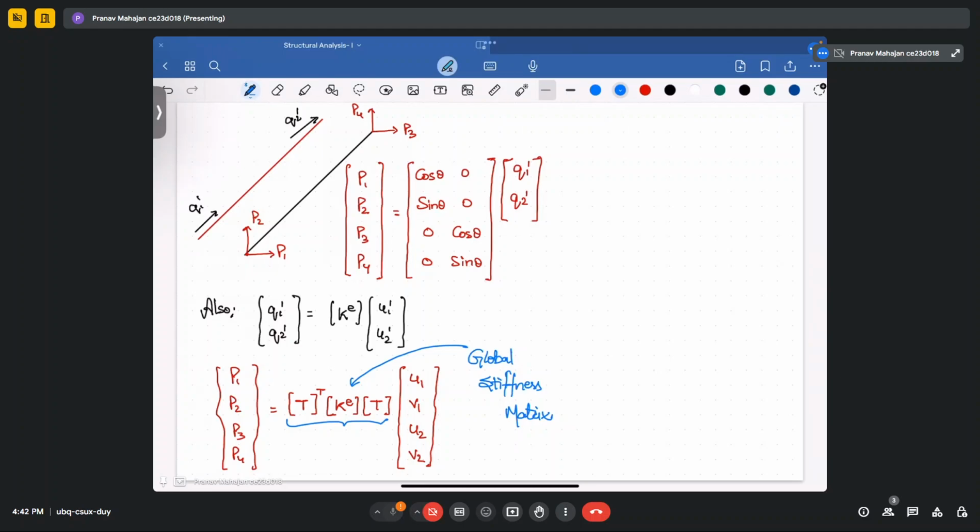In this case, your global stiffness matrix K will be equal to: lambda x square, lambda x lambda y, then lambda x lambda y, lambda y square, and here the minus terms come: minus lambda x square, minus lambda x lambda y, minus lambda x lambda y, and minus lambda y square.